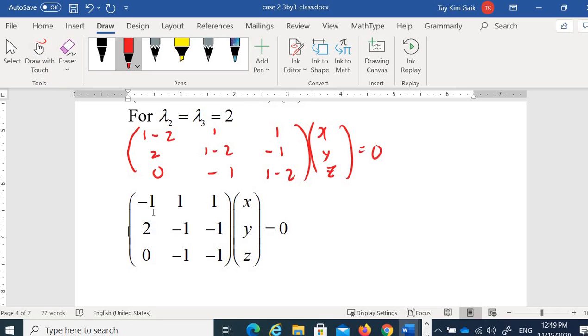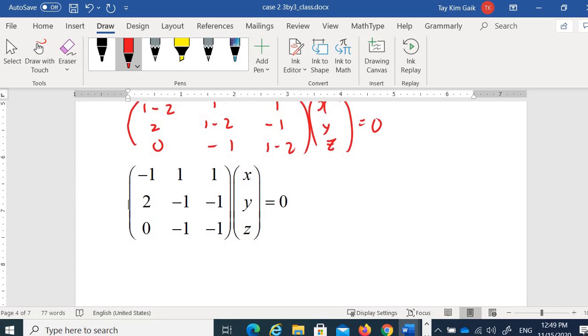So again, we notice A31 is already 0. We just need to eliminate A21, make it 0 by using a suitable row operation. Okay, notice how to make this one 0. If row 1 you multiply by 2, you add up with row 2.